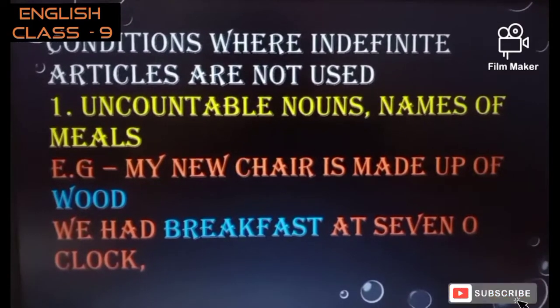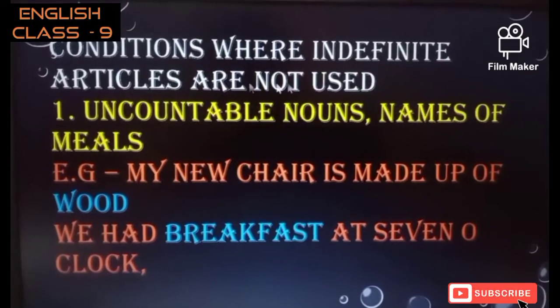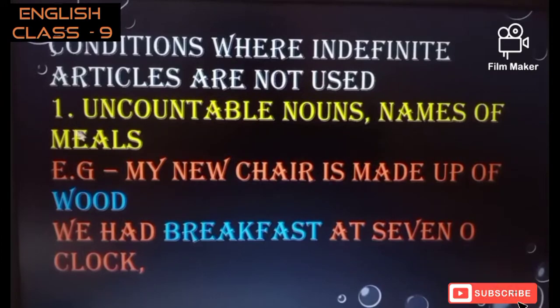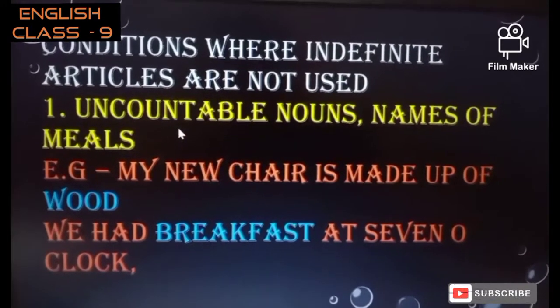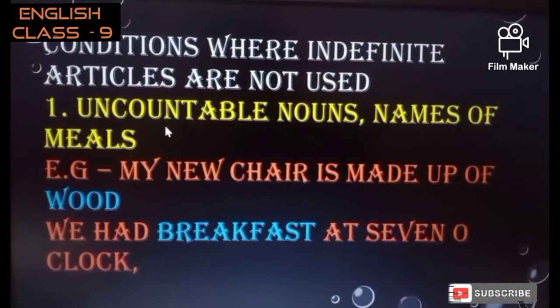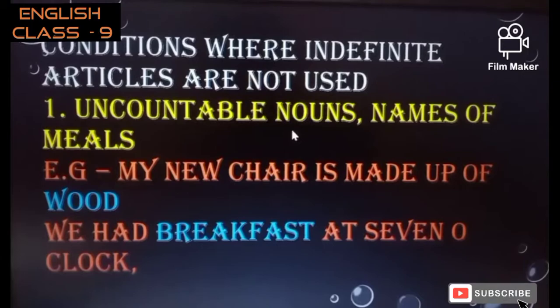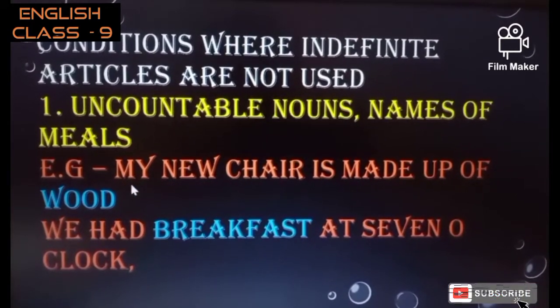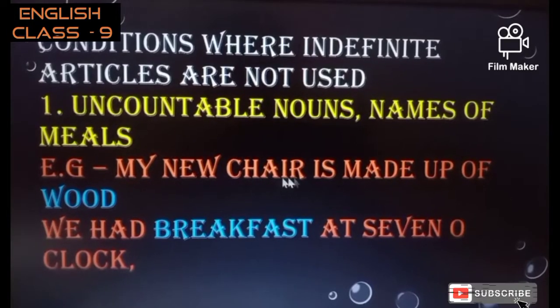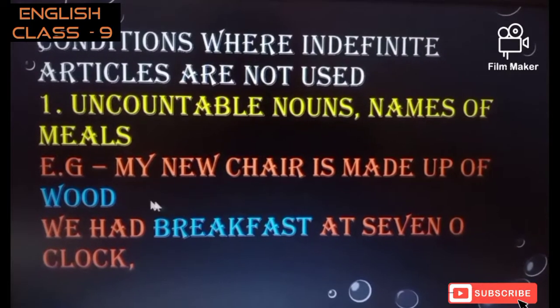Okay, let's try here. We have to avoid the indefinite articles first with uncountable nouns and the names of meals. Never ever try to use indefinite articles with uncountable nouns. They have to be always used with singular countable nouns. Example, check. My new chair is made of wood.